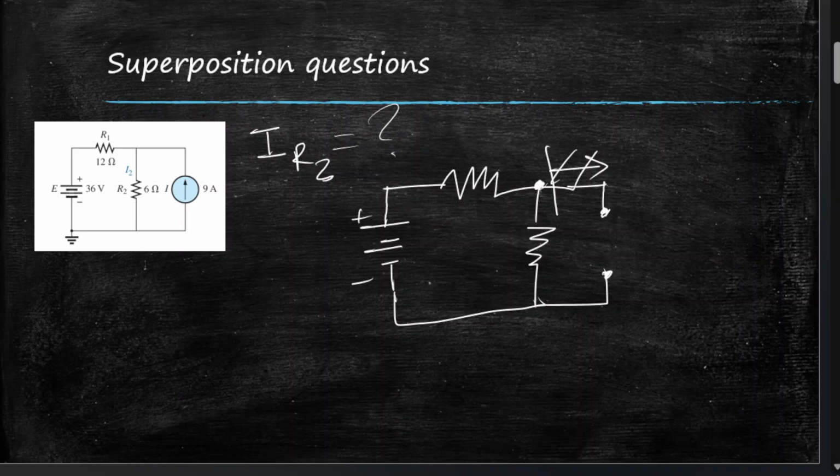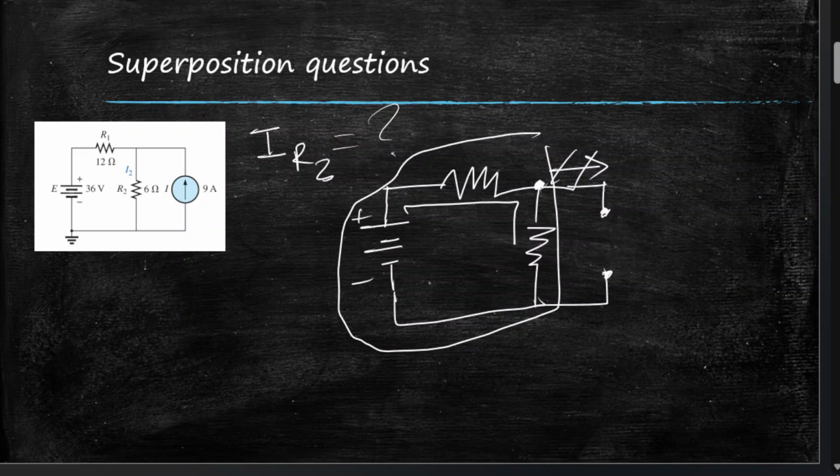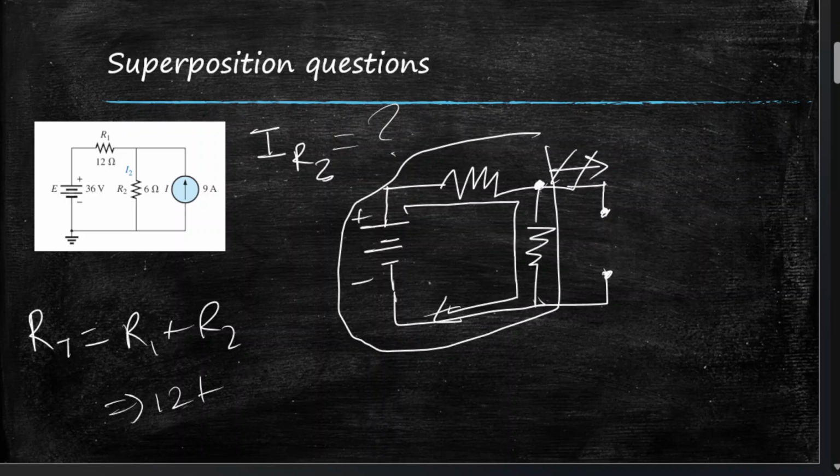This is essentially a series circuit here. The current will flow in a linear direction like this, without any branching out. So that means the equivalent resistance here will be RT is equal to R1 plus R2. So 12 plus 6 equal to 18 ohm.